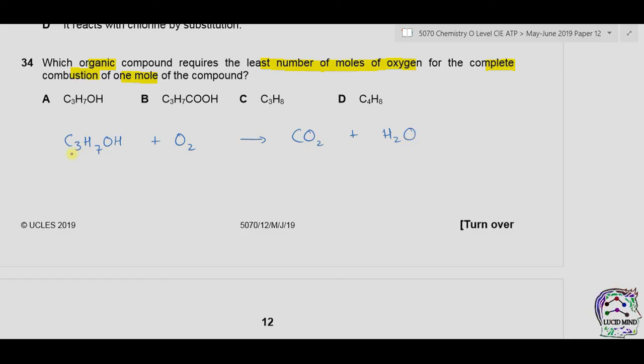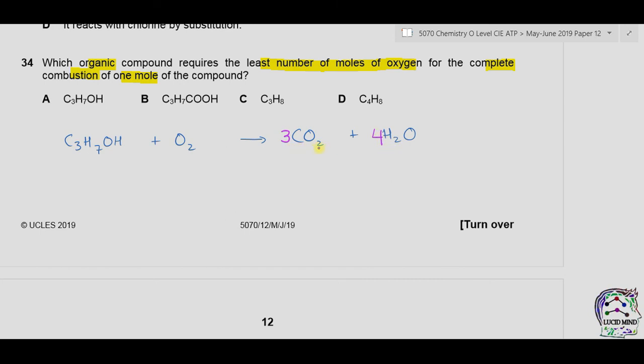Now let's balance the number of carbon atoms, as we have 3 carbon atoms on the reactant side and 1 on the product side, so we can write 3 with CO2. And we have 7 hydrogen atoms plus 1 hydrogen atom, so in total it becomes 8 hydrogen atoms on the reactant side, so we can write 4 with H2O to make it 8 hydrogens.